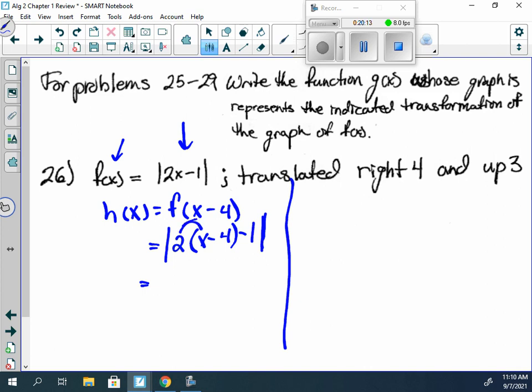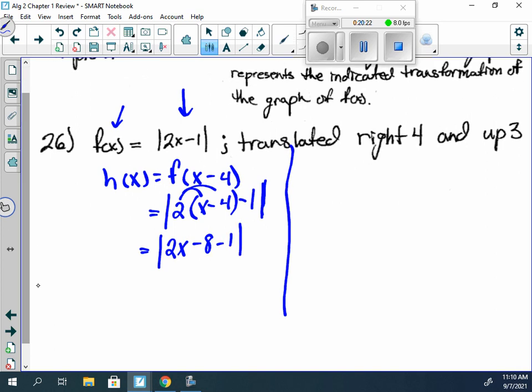So we would distribute the 2. Well, 2 times x is 2x, 2 times minus 4 is minus 8 minus 1. Add our like terms, which would give us 2x minus 9. So we have translated it right 4 units, yes? So really with that left and right, that horizontal, I'm sticking with that f of x minus h. And I simplified it.